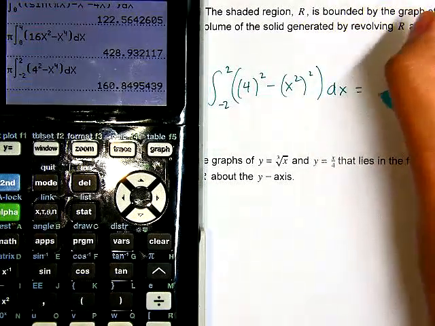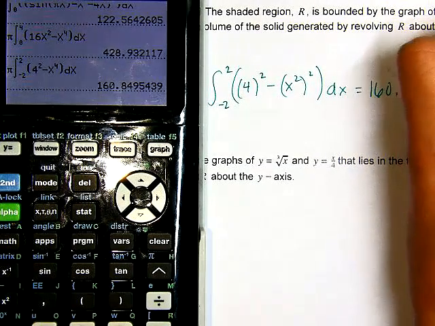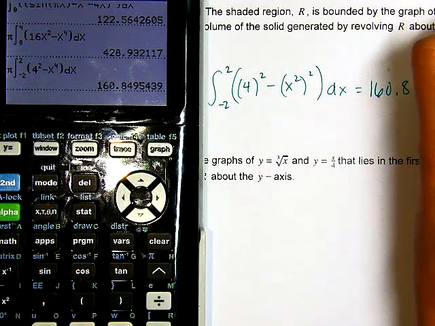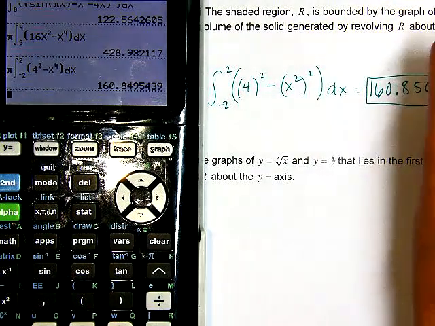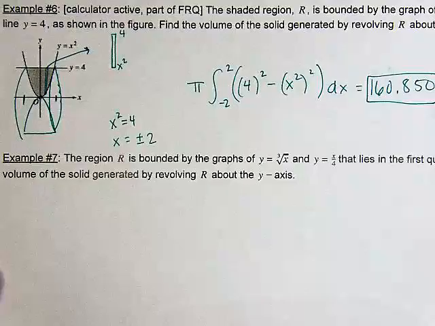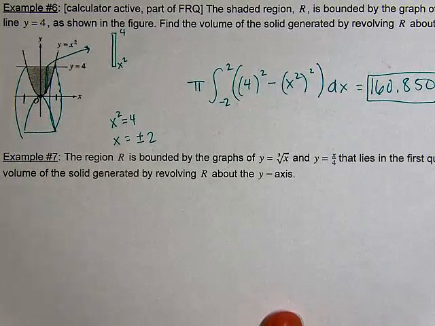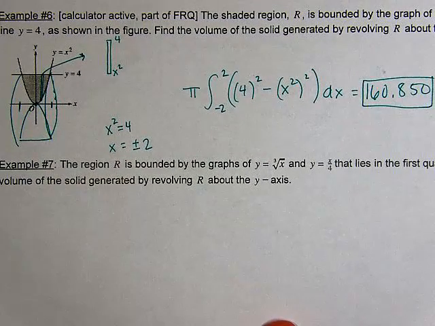Alright, so you should get 160.850 if you're rounding to 3 decimal spots like College Board wants you to. Last problem, go ahead, click pause again, and when you click play, I'll go over it.